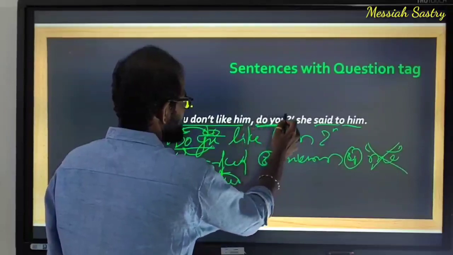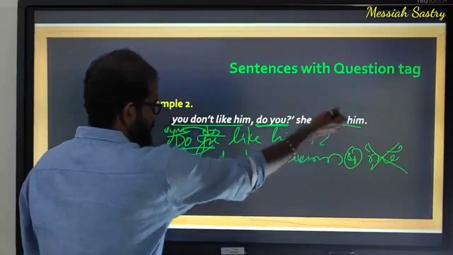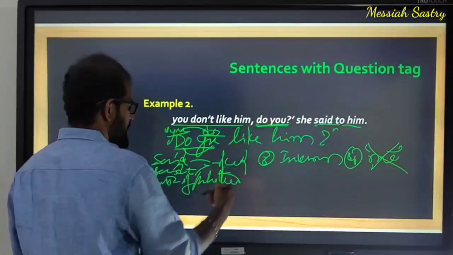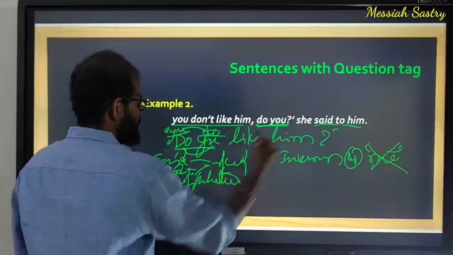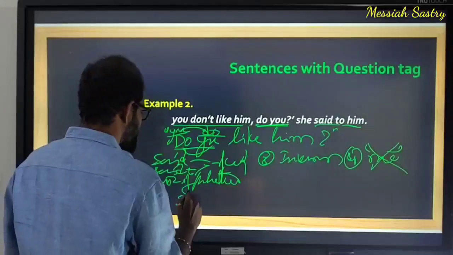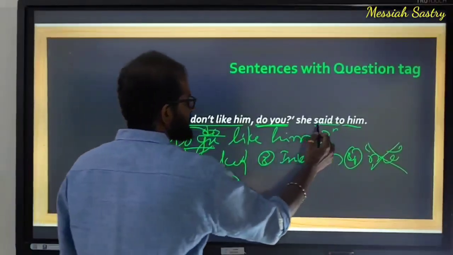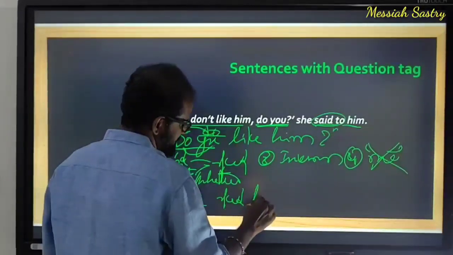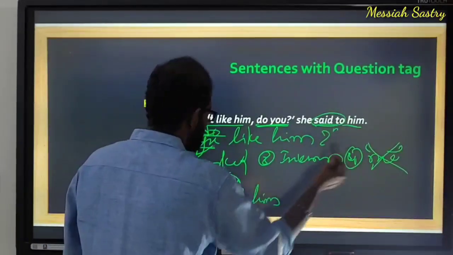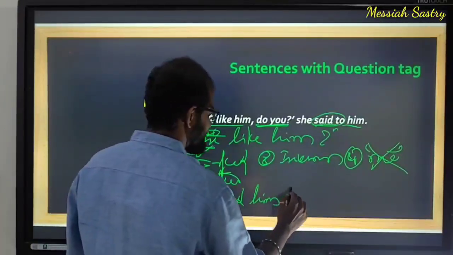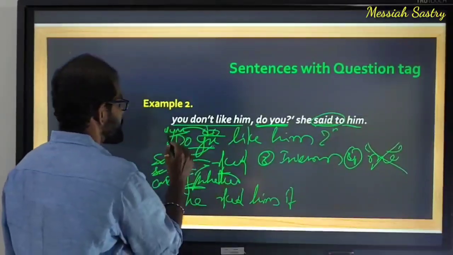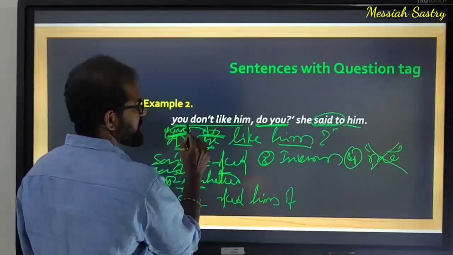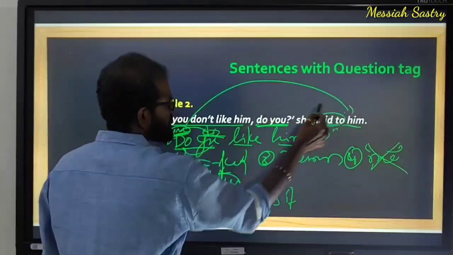You don't like him, do you? She said to him. Always bring the reporting clause first. She asked him, conjunction if. If you do like him, you refers to whom? You refers to the listener.